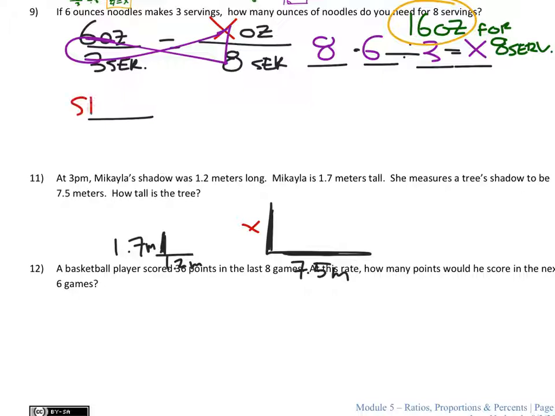All right, so let's say that the shadow values will be in the numerator, and then the height of whatever we're comparing is, I think I spelled that wrong. It's one of those days right now. So the shadow, let's look first at Michaela.